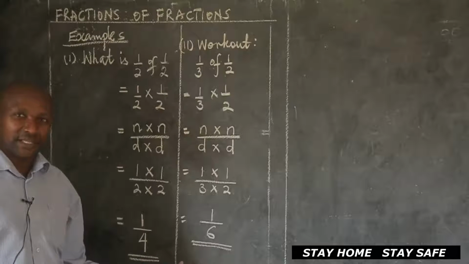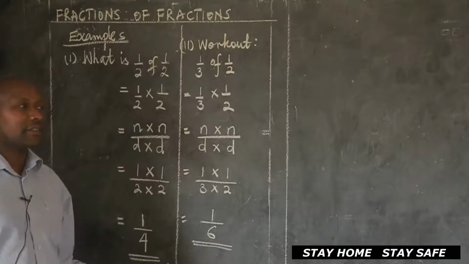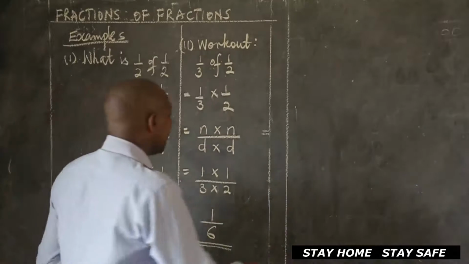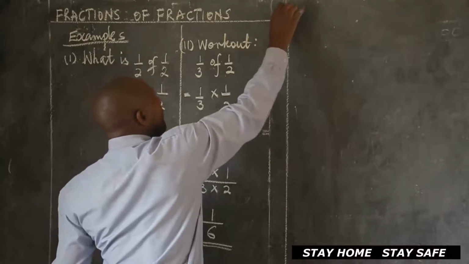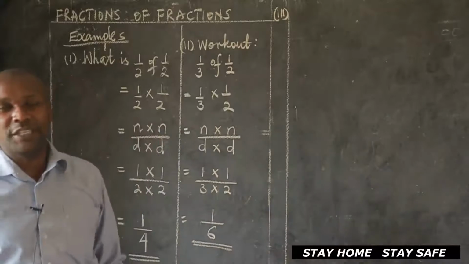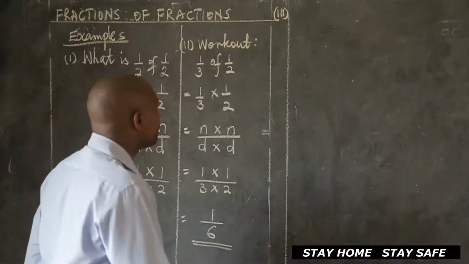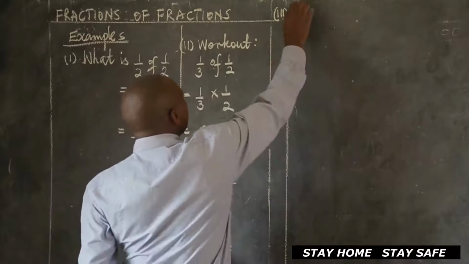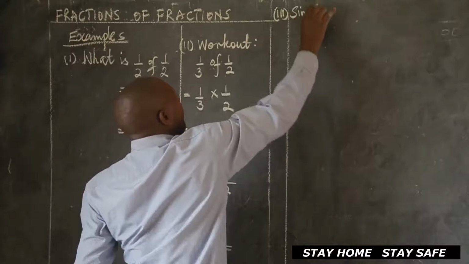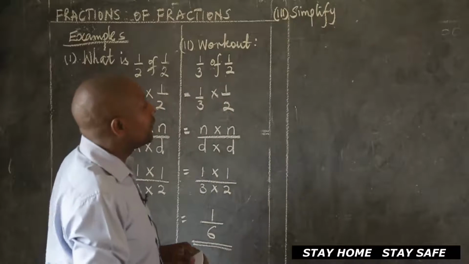Are you following? People are saying, yes, teacher, give us work, give us what to do. No, wait a moment. Let's look at the third example. Then maybe after the third and the fourth, I will give you an opportunity to write exactly what you wish from my exercise. Somebody is saying, simplify. Simplify means make it simpler.